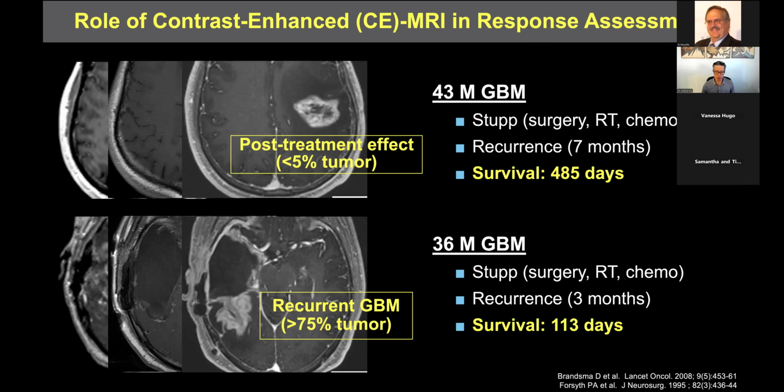And so it's important for us on the clinical side to understand how we can distinguish post-treatment effects such as pseudoprogression and radiation necrosis from recurrent tumor, because it does impact clinical decision-making, outlook for patients, and clinical management decisions.